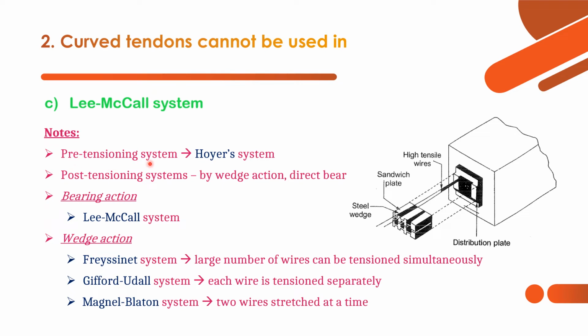And for pre-tensioning system, Hoyer system: first we have to tension the tendons, and after that concrete has to be poured. But in case of post-tensioning system, everything has to be cast, with the duct provided for the tendon, and after casting the concrete, the tendons will be tensioned. That is called post-tensioning. So this is about the systems of pre-stressing.